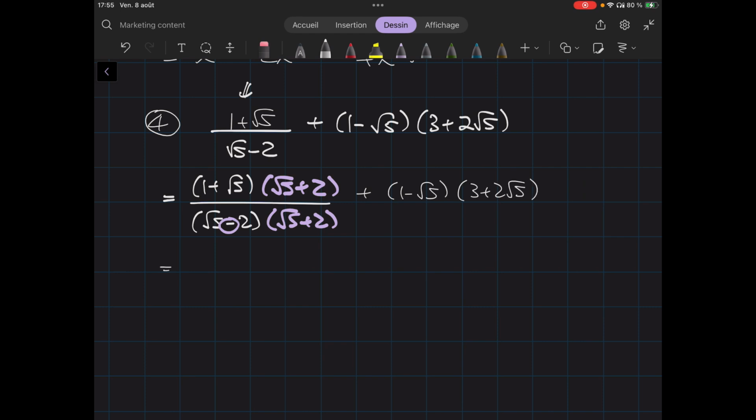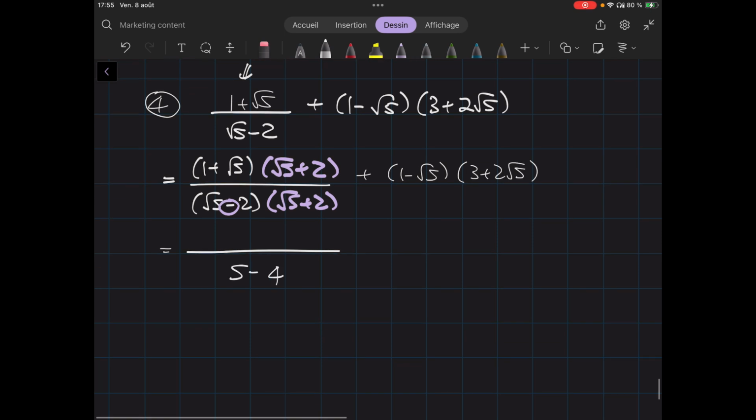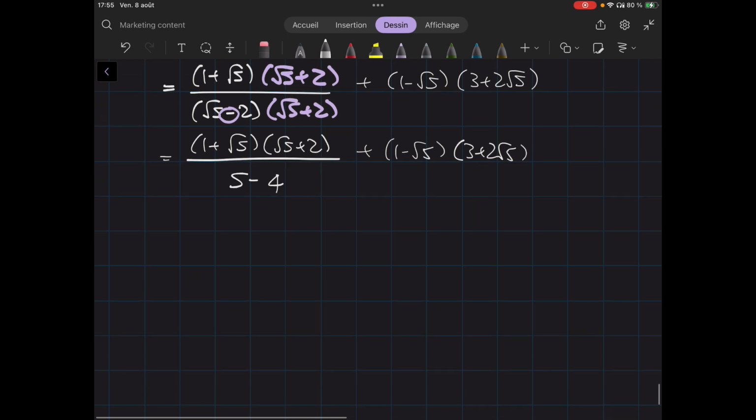The reason for this is because we will have a difference of squares in the denominator. The denominator here is 1, so we can ignore it.